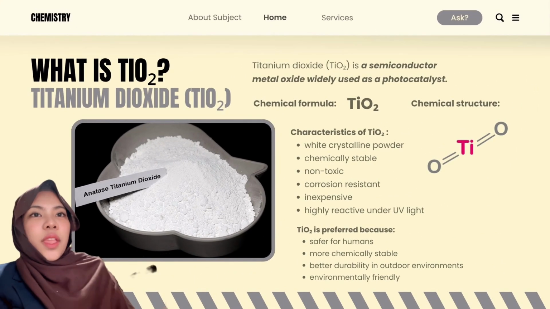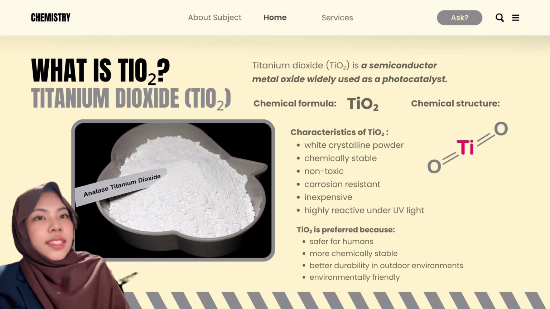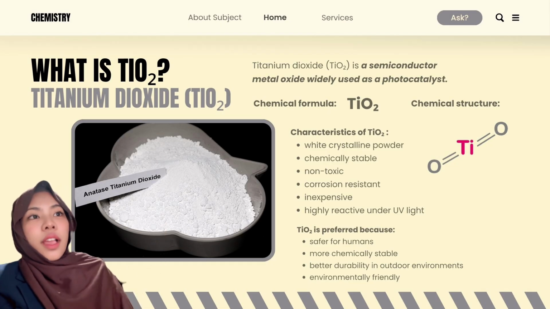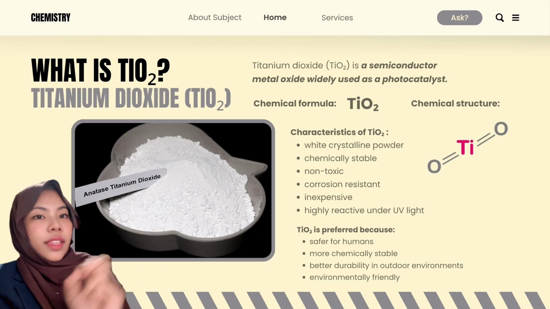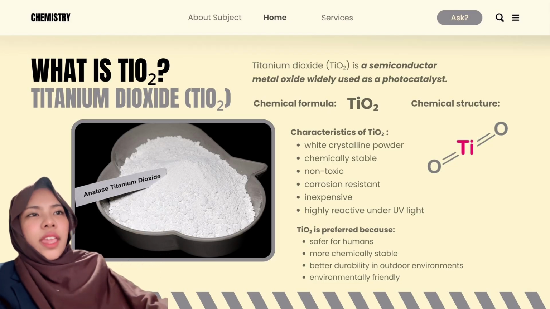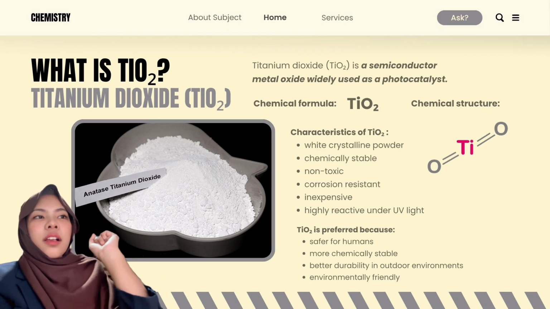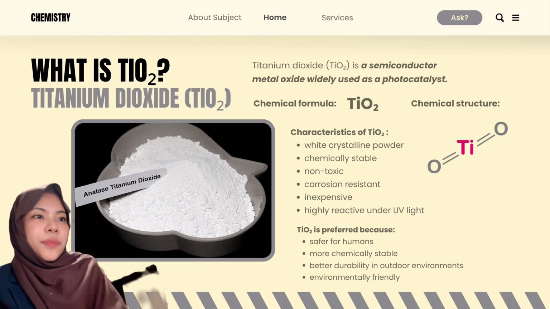So next slide. What is TiO2 or titanium dioxide? Titanium dioxide is a semiconductor metal oxide widely used as a photocatalyst. The chemical formula is written as TiO2 and the chemical structure looks like this.